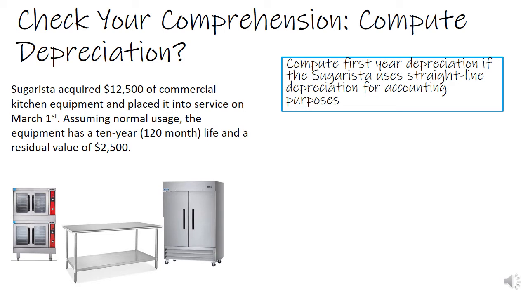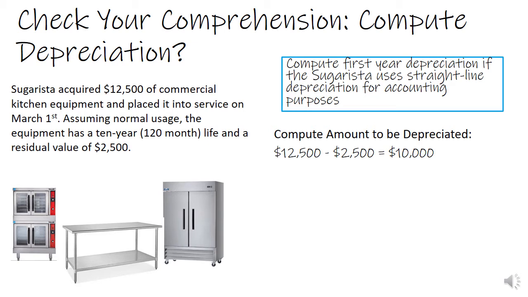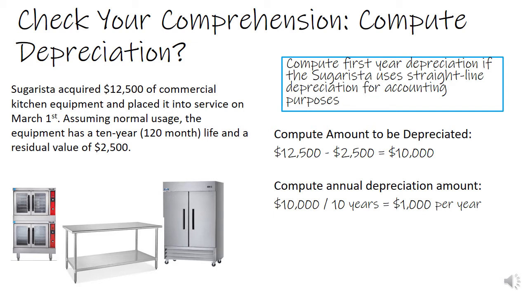Remember, with straight line depreciation, compute the total amount to be depreciated, which is the cost less the residual value. This gives you $10,000 to be depreciated. Over the 10-year lifespan of the property, you would depreciate $1,000 per year. So therefore, the first year's depreciation is $1,000, and every year's depreciation until the value is all used up.